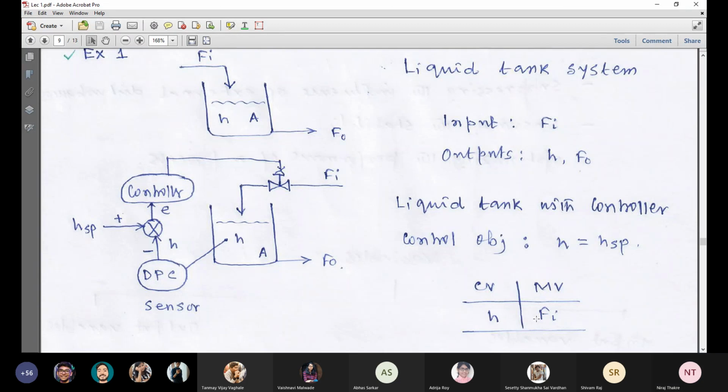Control variable and manipulated variable pair is selected such that the manipulated variable has direct and fast effect on the control variable. I repeat, the control variable and manipulated variable pair is selected such that the manipulated variable has direct and fast effect on the control variable.